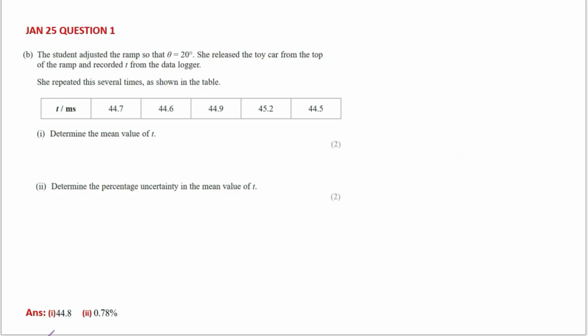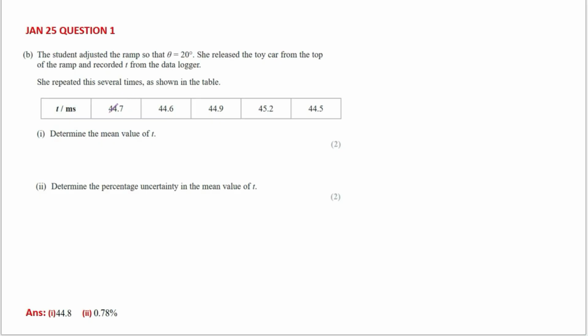Now, the second part of the question says, determine a mean value of t. Always remember, when you are calculating a mean value, the significant figures have to be consistent with the number of SF in the data set. All of these values are in 3SF, so your value must be in 3SF as well.